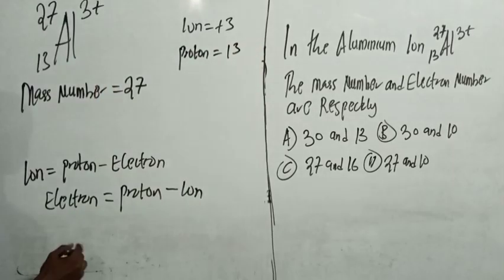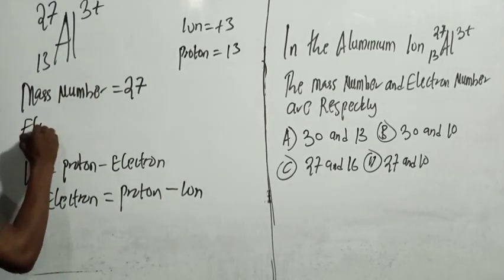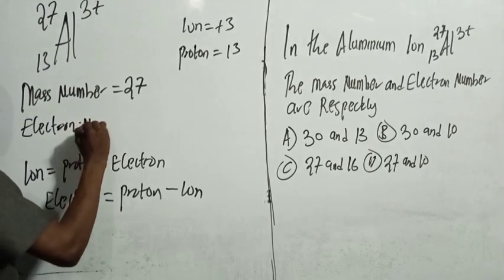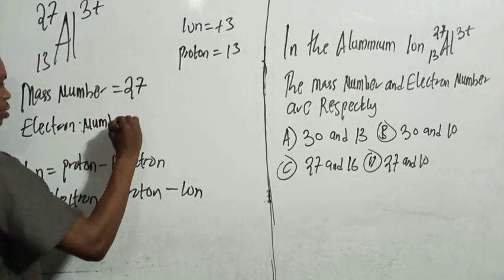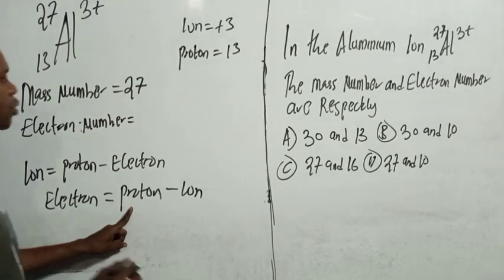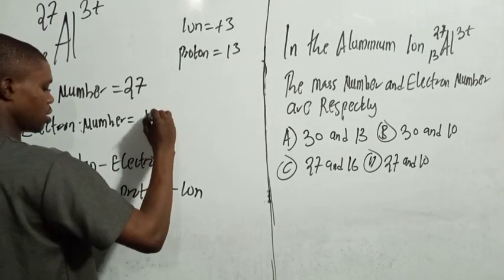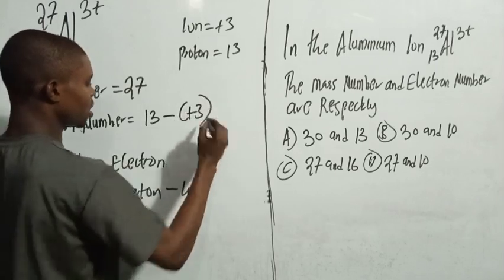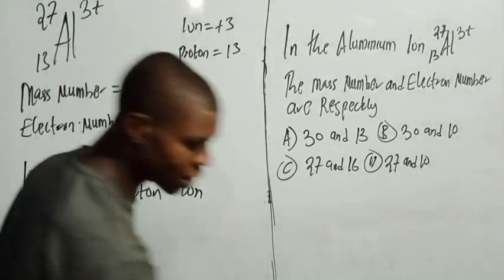So how do I get my electron number? The electron number is equal to my proton, which is 13, minus plus 3. It's very important you do this so that you understand better.